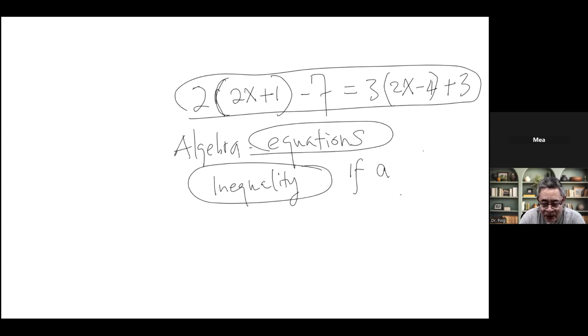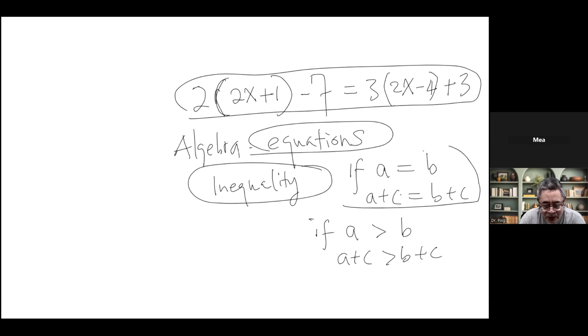The equation we have is A plus C equals B plus C. Now, for inequality, if A is greater than B, then A plus C is also greater than B plus C. So that's kind of the same as the equation. And this is a greater than, and we also have a less than. And less than is basically the same rule: A plus C is also less than B plus C. So just like our first rule of algebra.